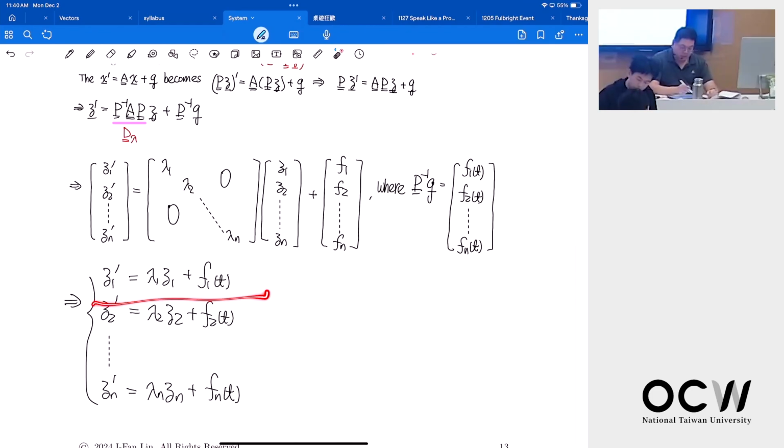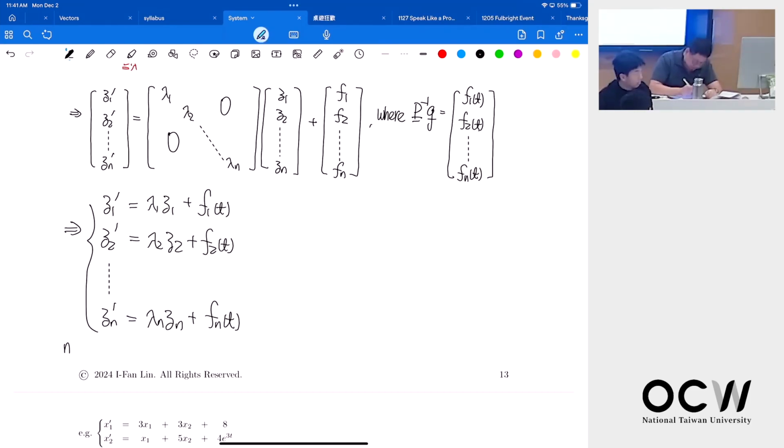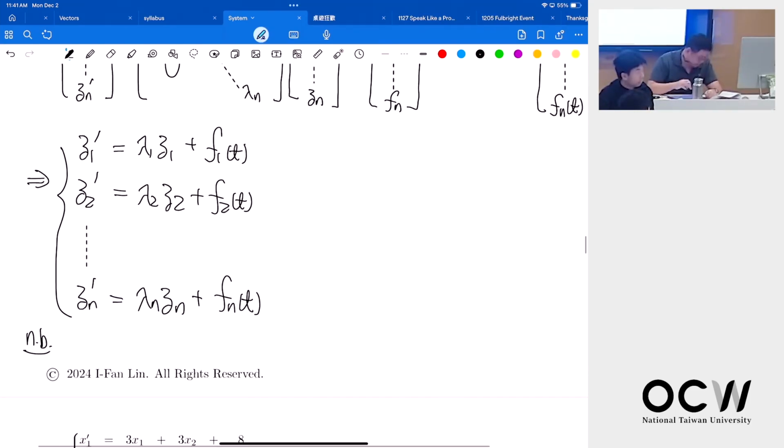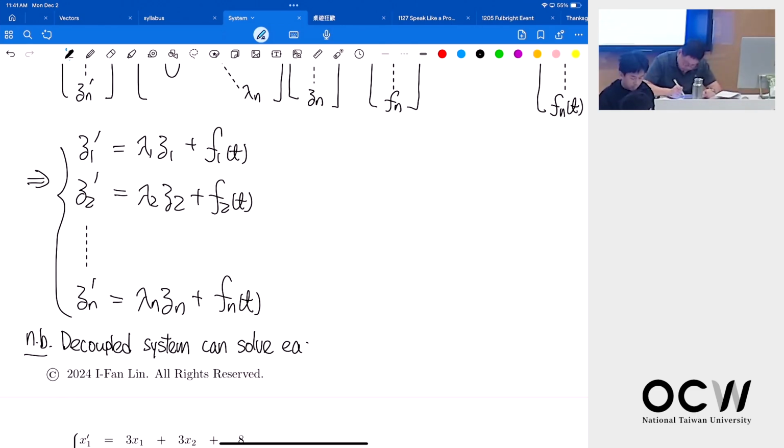Well, that's why I say that for the final, you still need to use some knowledge like in topic 1. How do you solve this single equation? Decoupling the system, here's a note: decoupling the system lets you solve each differential equation separately and independently.